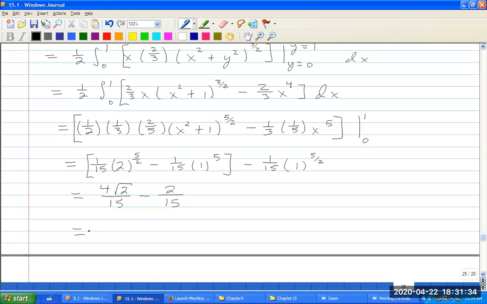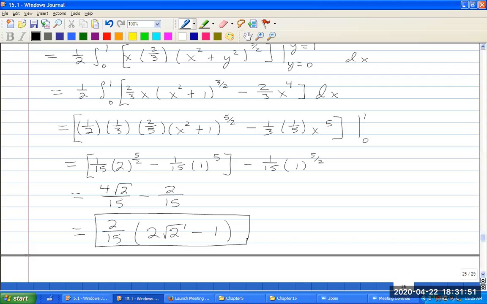So this is equal to 2/15 times 2 root 2 minus 1. And that is your answer.